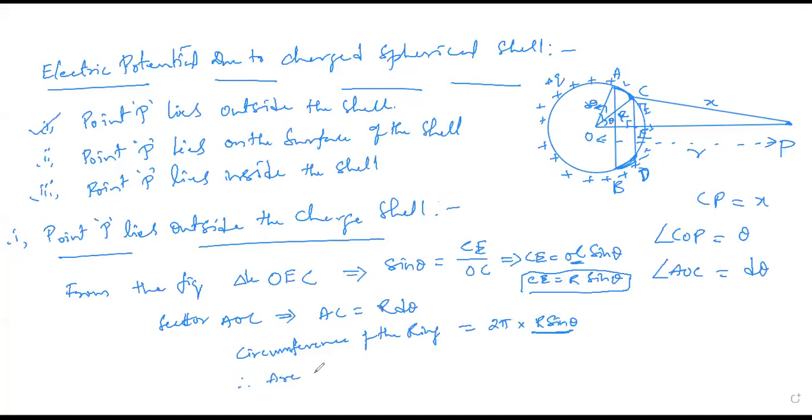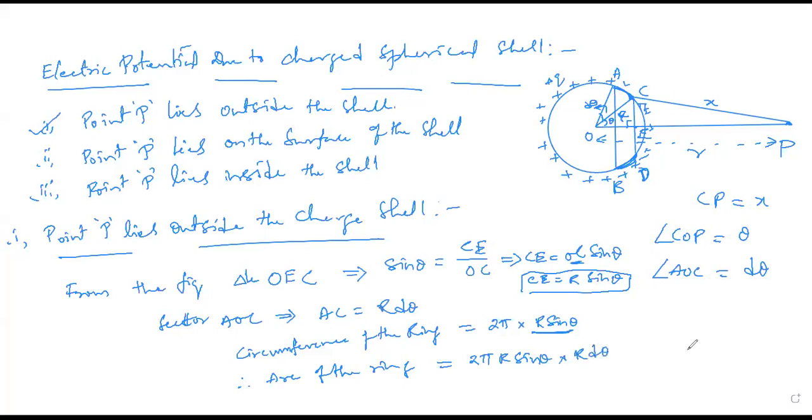Area of the ring will be the circumference 2 pi R sine theta, into the sector AOC, which should be written as R d theta, because it's a ring.